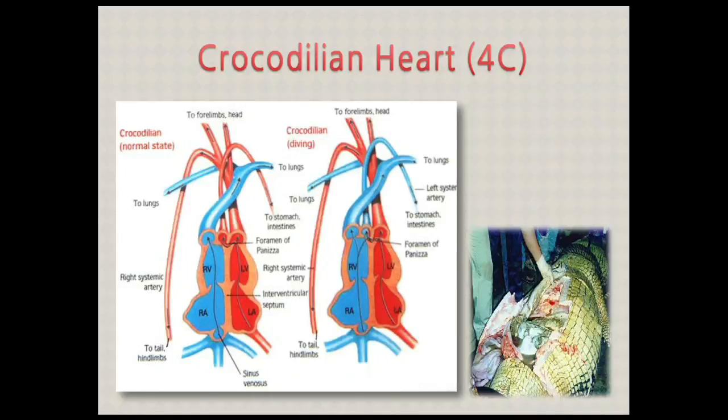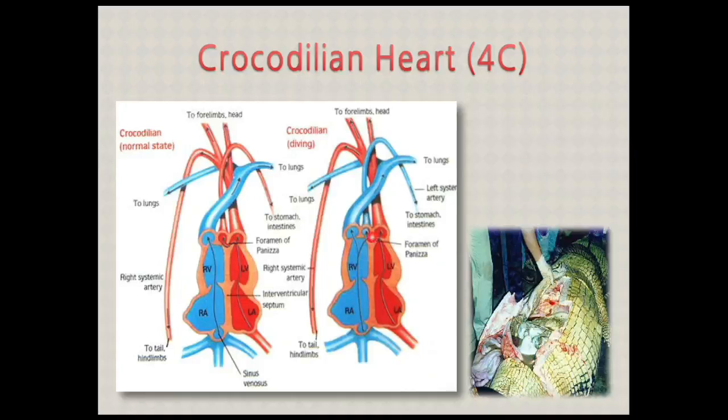But here in the diving state, you can very well see the left systemic arch is having the deoxygenated blood from this side. And in the normal state, it is having the oxygenated blood. So this is the difference. Now, why is this difference present in the crocodilian heart?